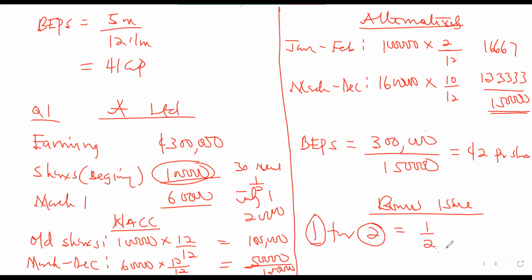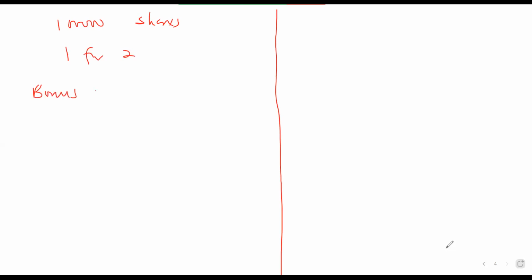Okay, so I will show you what we call a bonus fraction. Let's assume that the company has 10,000 shares, and they made a bonus issue of 1 for 2. What will be the bonus issue?